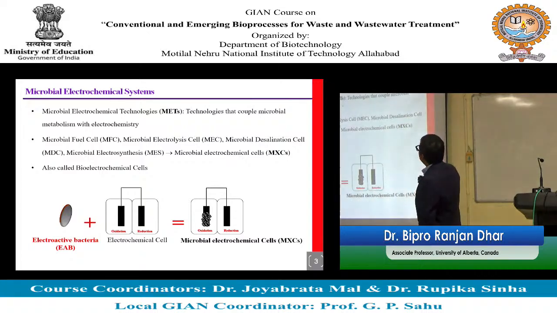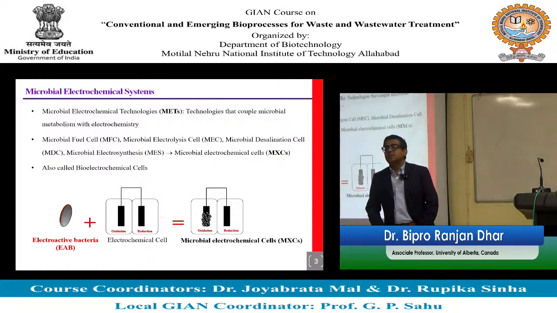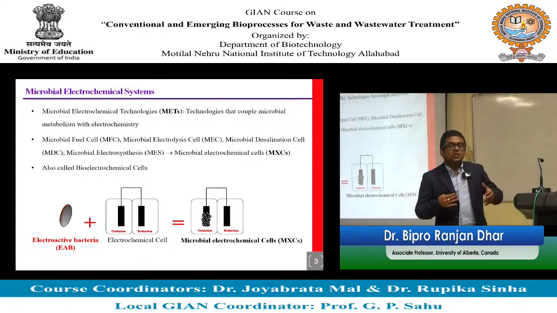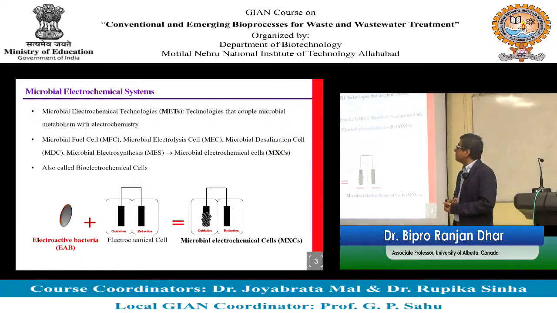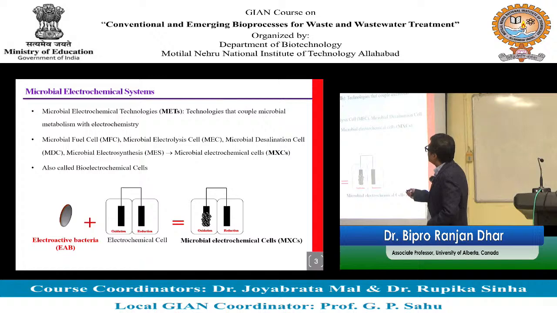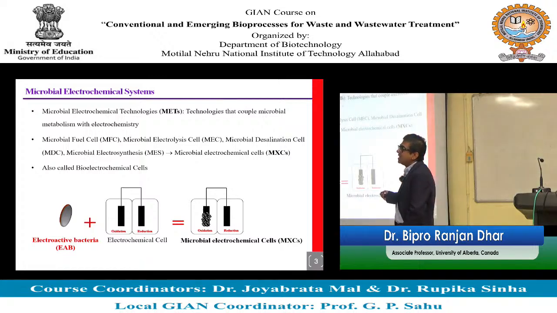People call this the microbial desalination cell, MDC. Then researchers found that we can produce different types of value-added products on the cathode side, using carbon dioxide as the carbon source, and that process is called microbial electrosynthesis, MES. So now there are a lot of new applications.